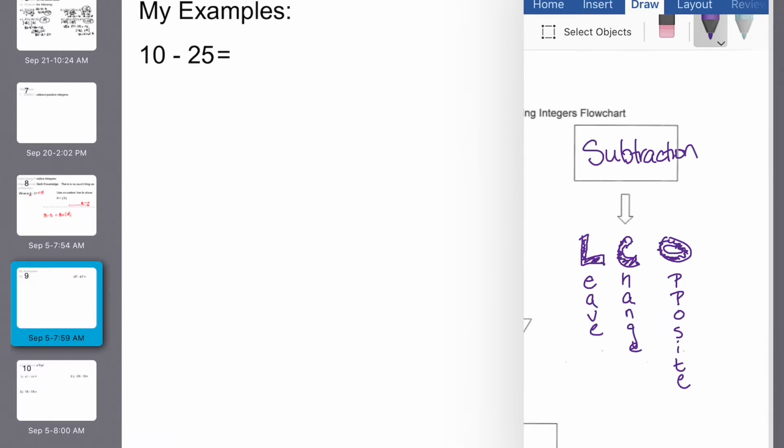So over here on my examples, I'm just going to write down LCO as a reminder. I'm going to leave the 10. I'm going to change the minus sign to a plus sign, and I'm going to take the opposite of 25, which is negative 25.